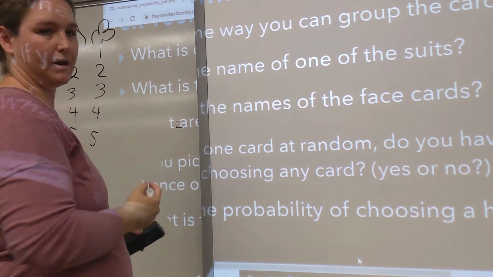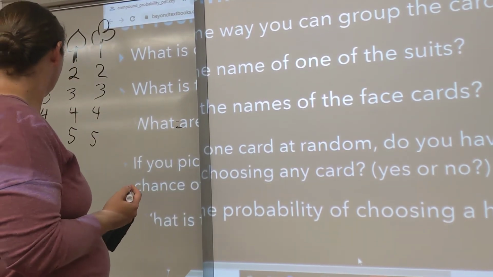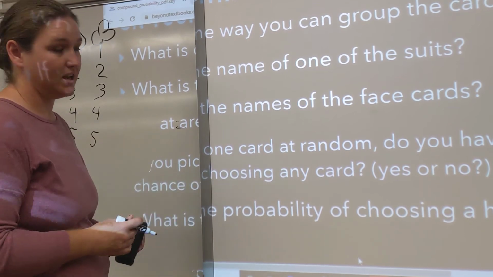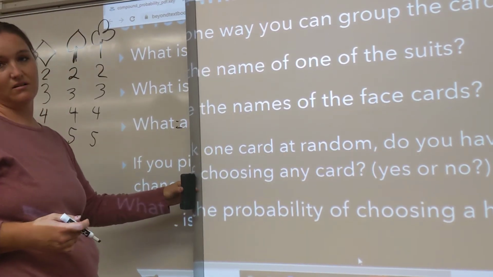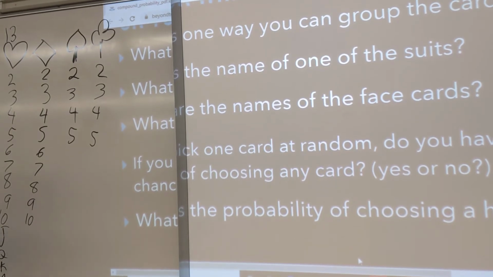So we could group them by number, or like the last question said, we could group them by face cards. How many face cards are there? Well, 1, 2, 3. Apparently my thing's squeaky. And then there's 4 of these, so 3 times 4 is 12.